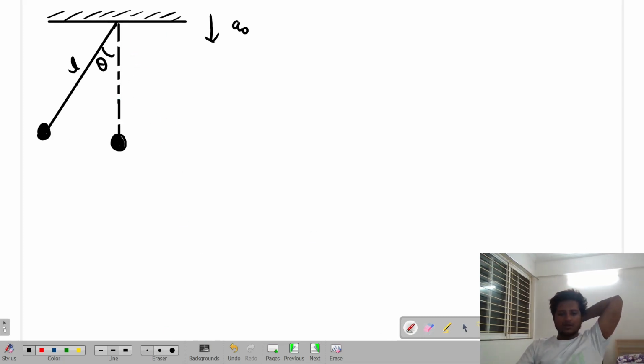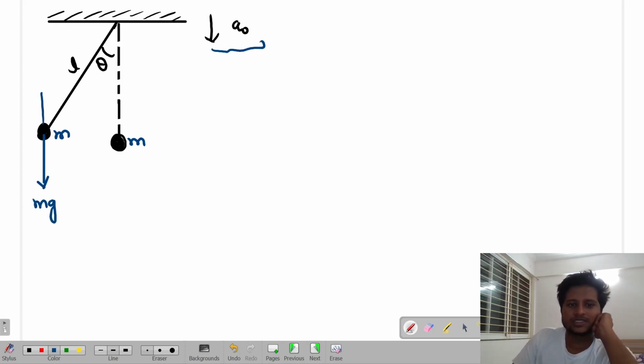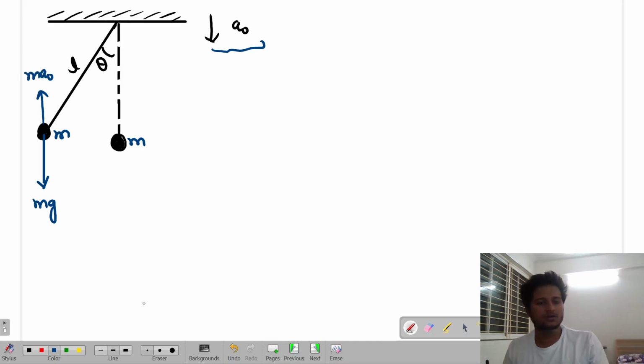Now tell me, whatever is my mass over here, let's suppose I call it mass m. Previously the weight was mg, isn't it? Now due to the pseudo force, if the acceleration of the accelerating frame is downwards, this feels a pseudo force in the opposite direction, which is m a naught. Is that clear or not?